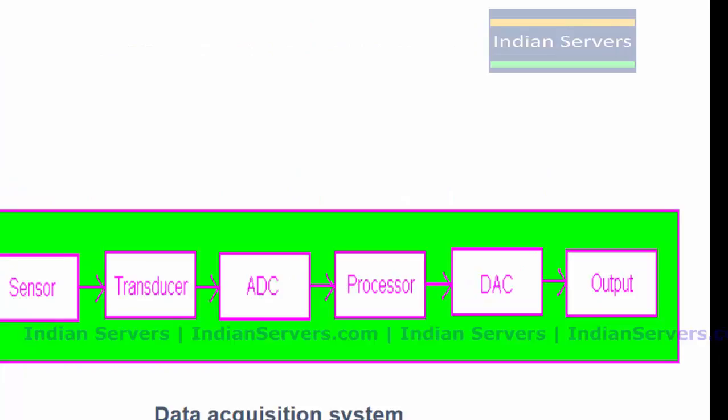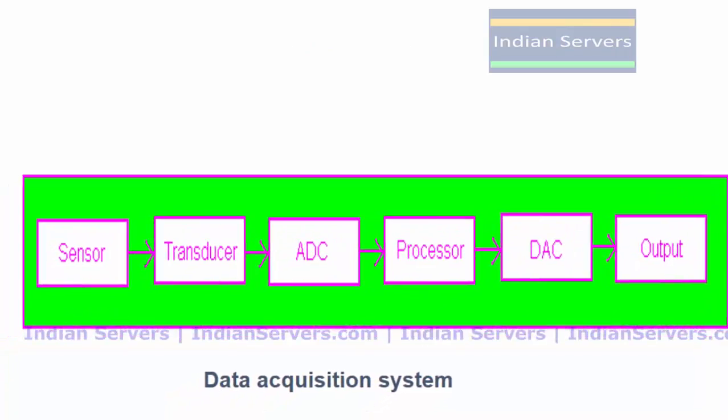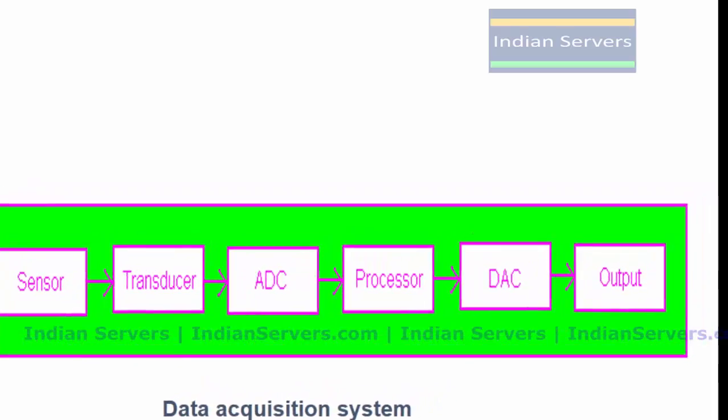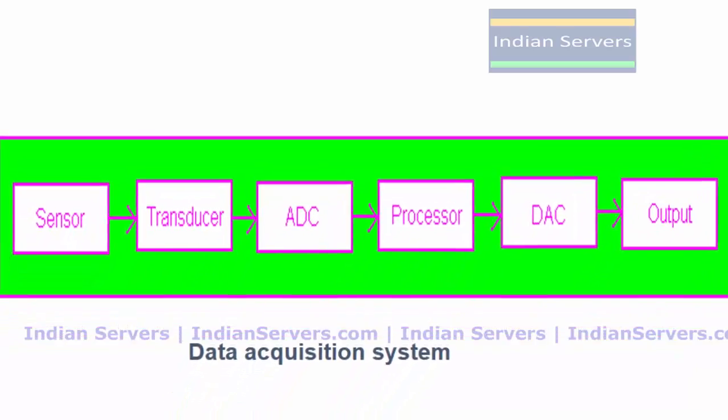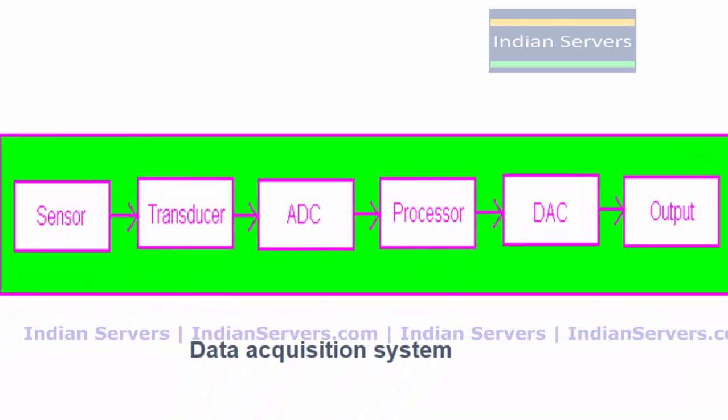This is the basic example where I am going to take data from the sensor, and after processing the data I am going to put the data on the display. Here I am using a temperature sensor. The temperature sensor is going to monitor the temperature.